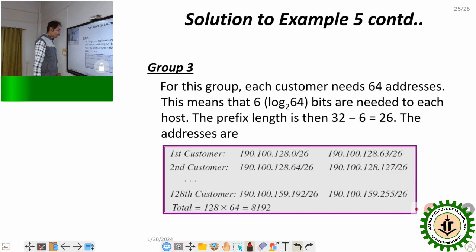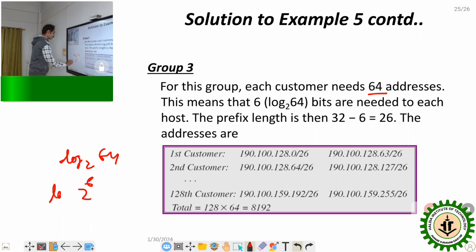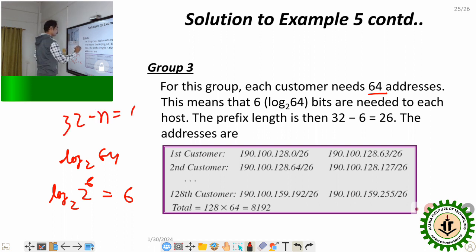And for the third one, in similar fashion we can get it. Here each of these customers requires 64 addresses. So again you follow log 2 64. So what should be the value? Definitely it should be 6. And how is 6 derived? 32 minus n equals 6.